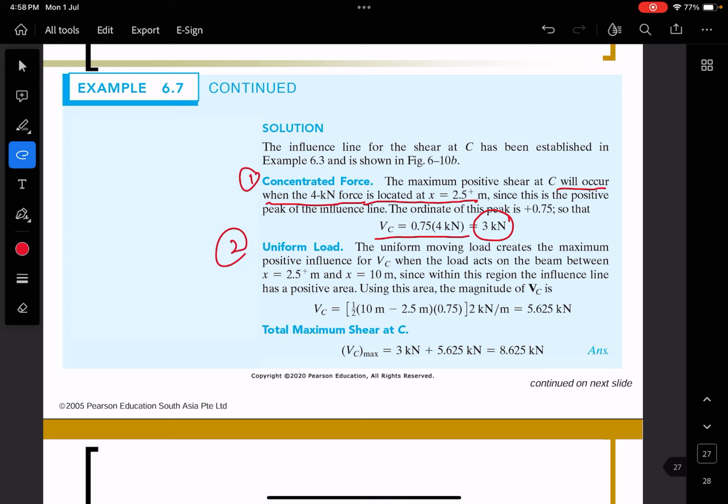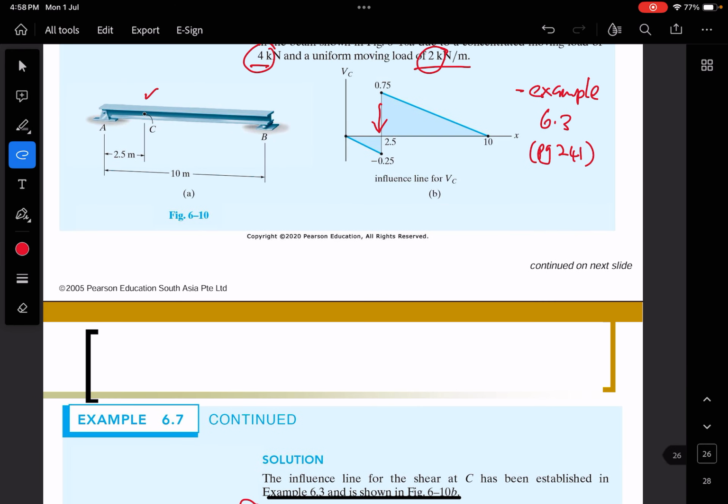Now we want to see at which area the uniform load will give the highest maximum shear. Based on this, again, you can see this is the positive area.